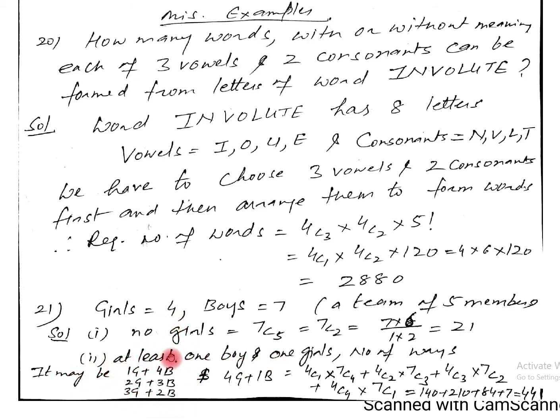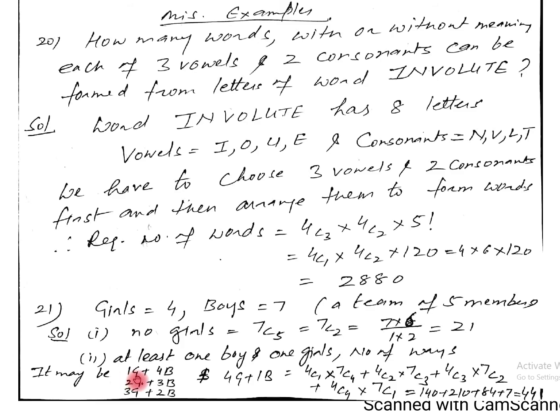It may be 1 girl, 4 boys. It may be 2 girls, 3 boys. It may be 3 girls, 2 boys. It may be 4 girls and 1 boy. These are the different cases to make the team. First you have to write down the different cases.